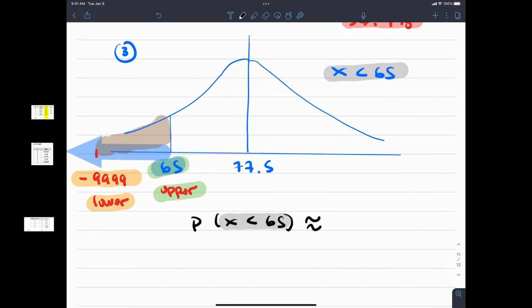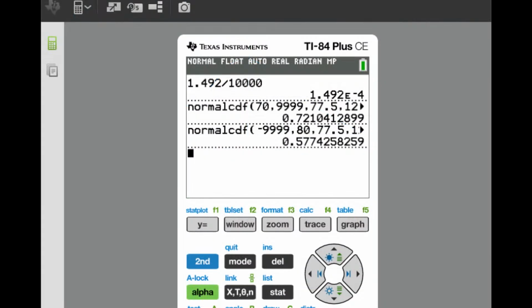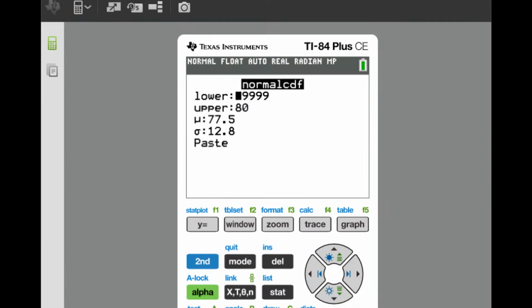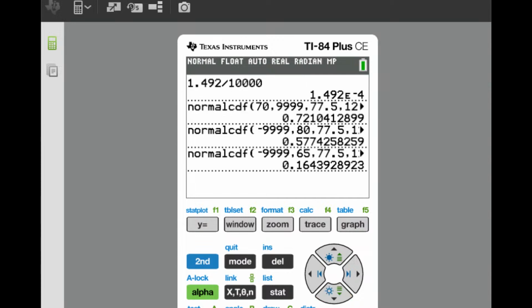So now we could just use the TI. So in the TI now, remember the lower is the default and the upper is 65. So second distribution, normal CDF. Oh, the lower is already the default. Good. What's the upper? And then it's the same mean and same standard deviation. Is that right? Okay.